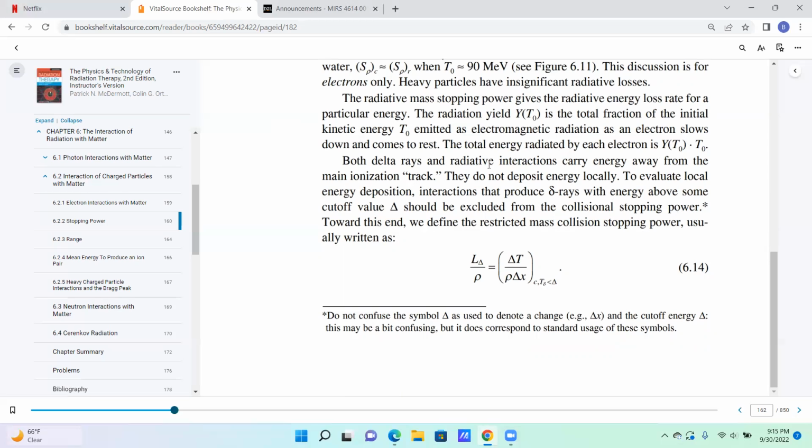Both delta rays and radiative interactions carry energy away from the main ionization track. They don't deposit that energy locally, and so to evaluate local energy deposition, interactions that produce delta rays with energy above some cutoff value should be excluded from the collisional stopping power. So the restricted mass collision stopping power is usually written as this.